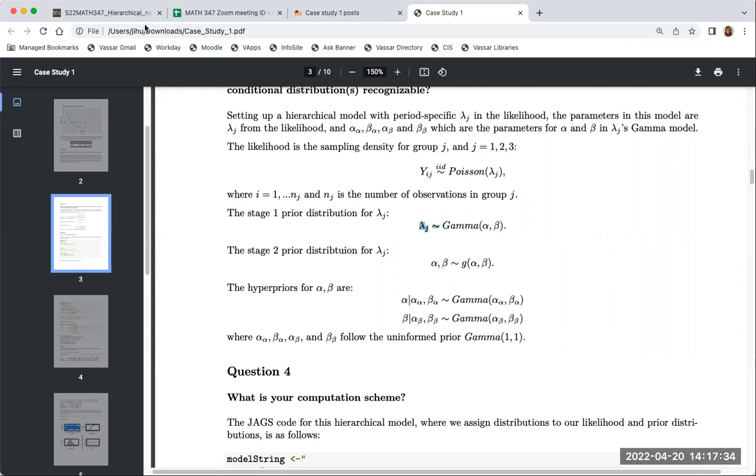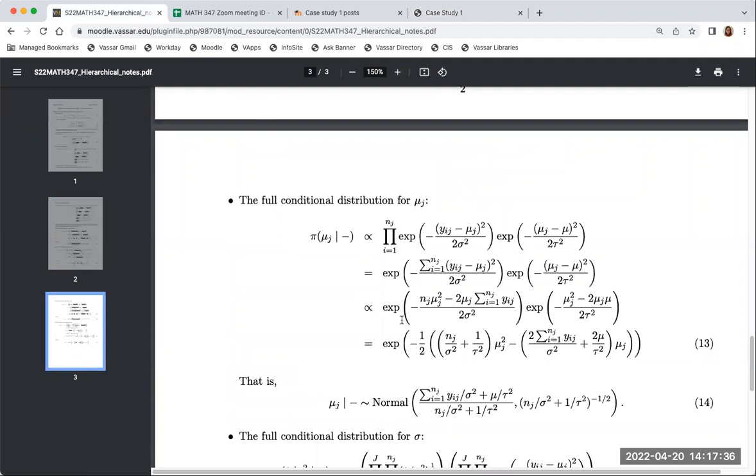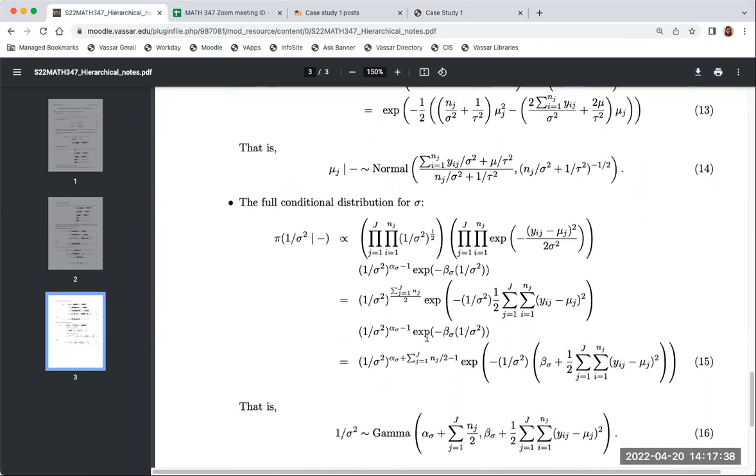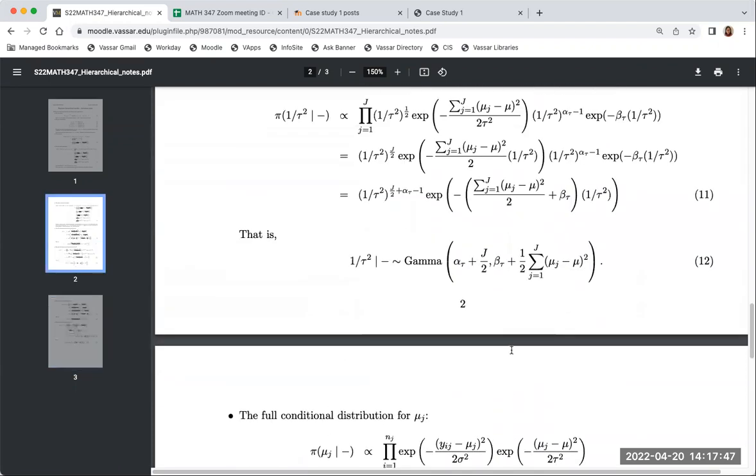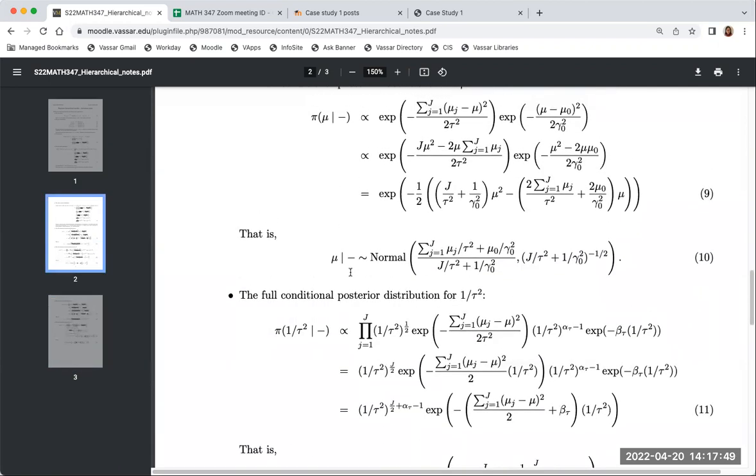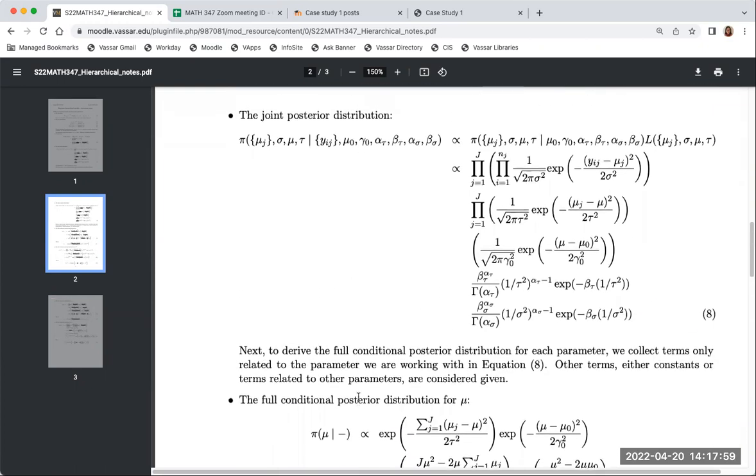But I'm sure your follow-up question will be, what is really being shared in that case? If I look at 1 over sigma squared, you can see that all of the observations are contributing. The same goes for mu, the overall mean of the hyperprior, which comes from all of the mu j's. And similarly for tau as well.